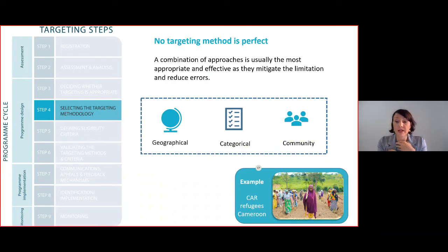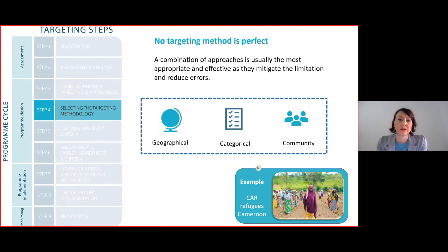We have a categorical component that identifies eligibility criteria based on the needs assessment and the identification of the most in need. And we have also the involvement of the community in defining these criteria through consultation, but also in verifying the final eligibility criteria coming from the targeting.